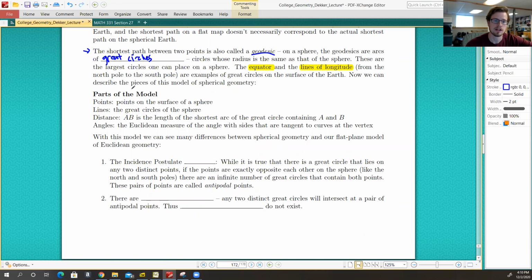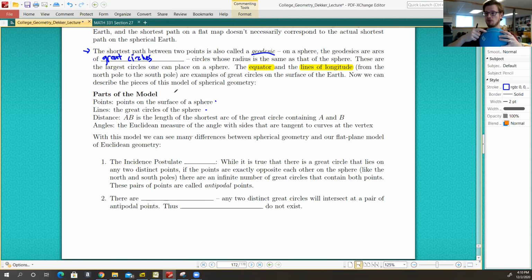If we think of the model that we took a look at on our ball, then our model consists of the points of the plane, which are the points on the surface of the sphere, and then the lines are the great circles, and the distance is just the distance along the shortest arc.